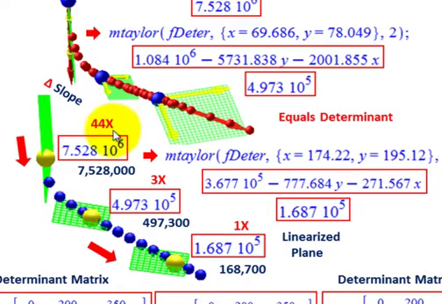That's 44 times what our last solution was at these higher numbers, where we're leveling off, increasing our material and labor. So just a comparison: 44 times for that first point, that times our last point, and then 3 times for that mid-range point, 4.973 10 to the 5th, and then we got to 1.687 10 to the 5th.